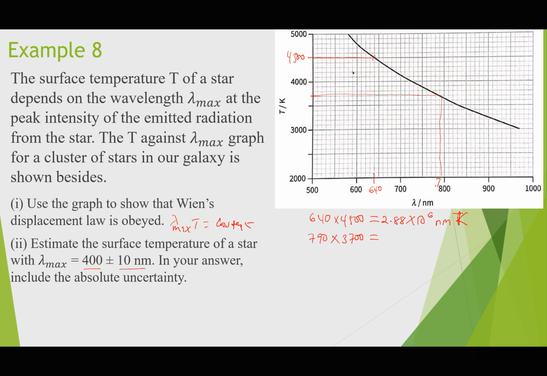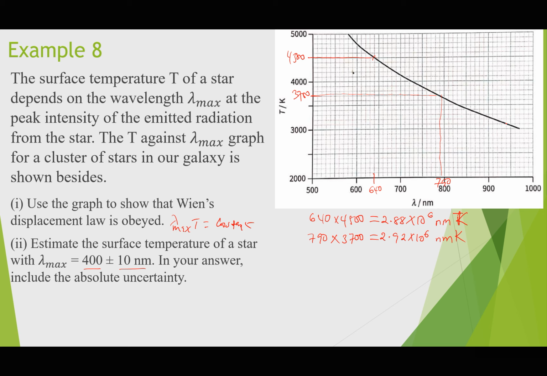This one is 790 against 3,700. So let me check my calculator. 790 times 3,700. This is giving me 2.92 times 10 to the power of 6 nanometers times Kelvin.